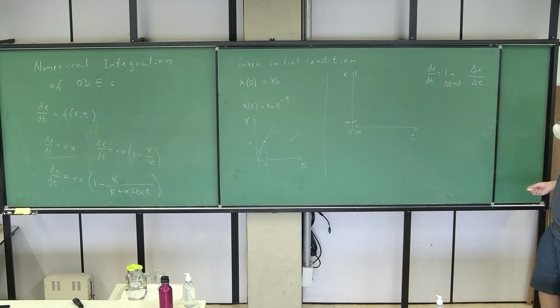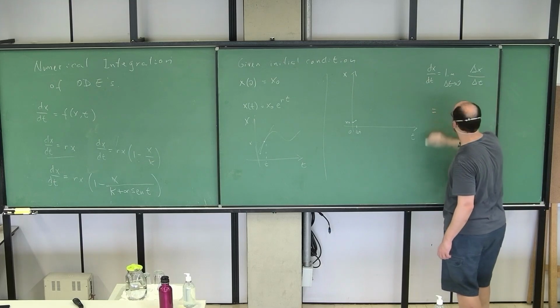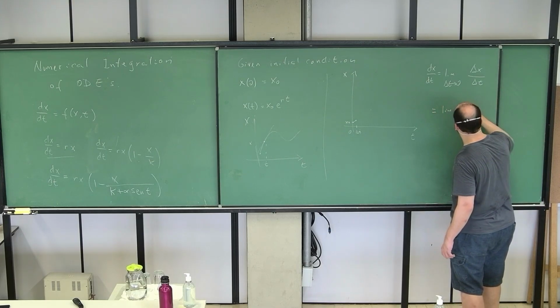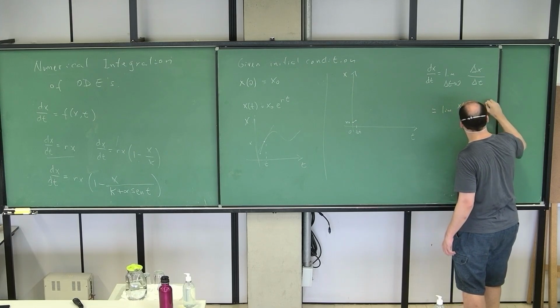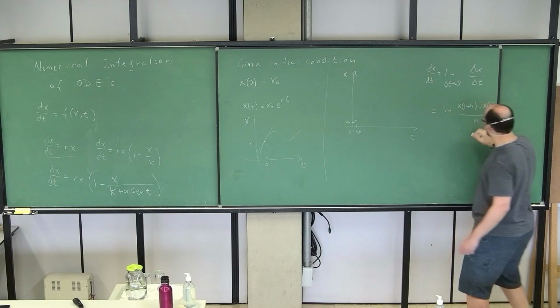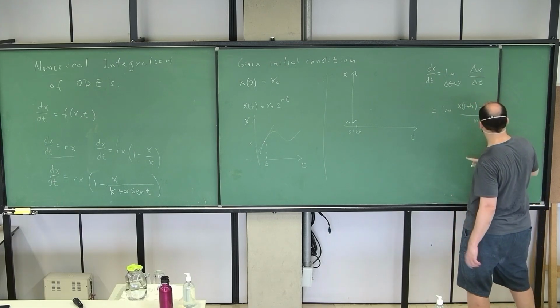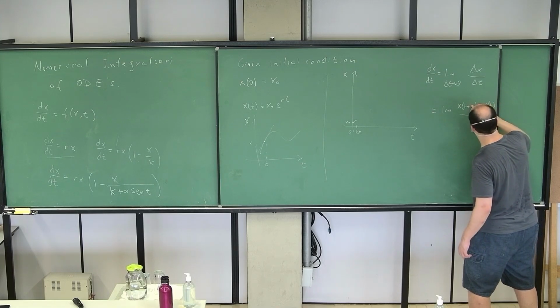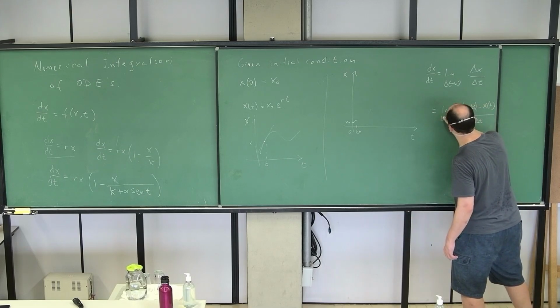Or another way of writing this is the limit of x of t plus h minus x of t, divided by h, where maybe instead of h I will put delta t, as delta t goes to 0.